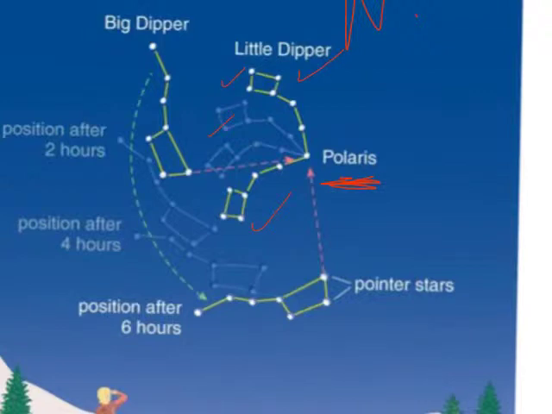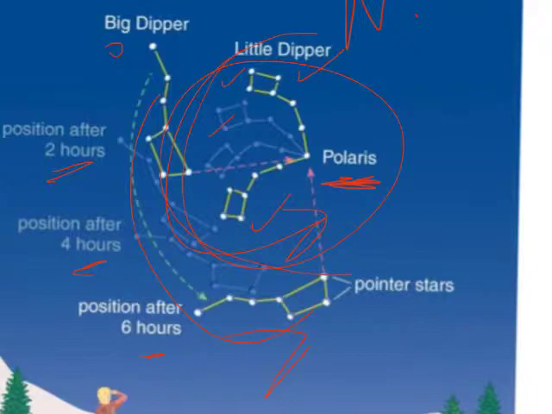Okay, we got that? 0, 2, 4, 6. And everything else moves counterclockwise, including the Big Dipper. So what does that mean? It means here we have 0 hours, this is 2 hours, 4 hours, and 6 hours for the Big Dipper. Isn't that cool? So for the Big Dipper, all the stars sweep counterclockwise. I think that's neat.